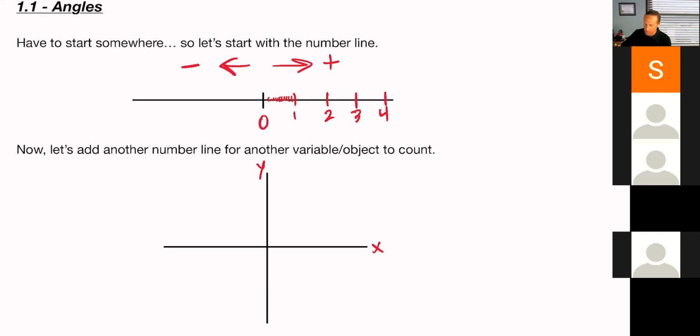So this is still going to be to the right, positive numbers, to the left, negative numbers like our number line at that value of 0. But now we're going to have another number line where up we decided was positive and down we decided was negative.